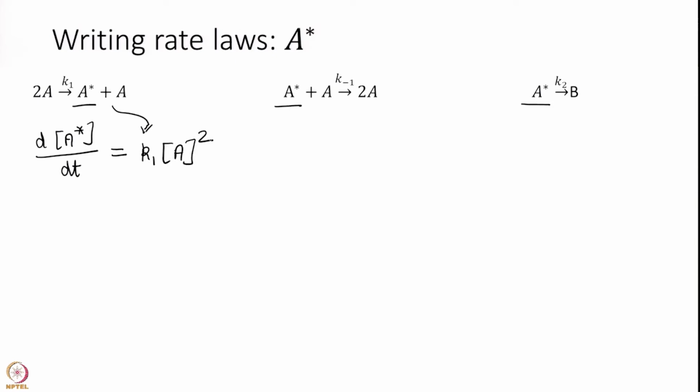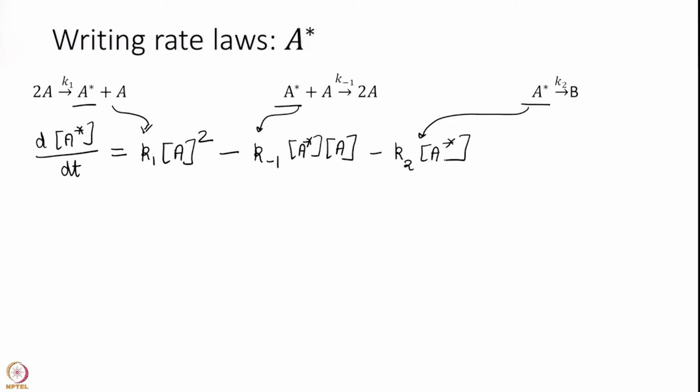So, this one is positive because A star is a product here, and I get A square because of the stoichiometric coefficient 2 behind A. Second one is this, A star is a reactant here. So, I get a minus K minus 1 A star A. Finally, I use this one again, A star is a reactant. So, I get this. Okay, so, we have discussed it for A star.